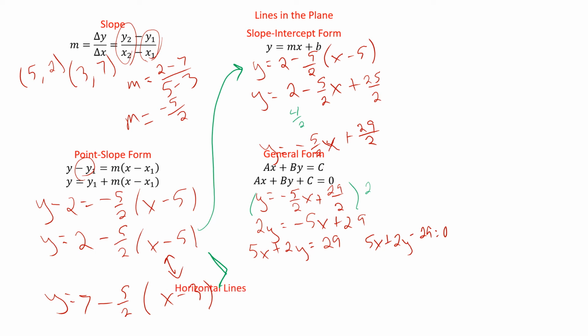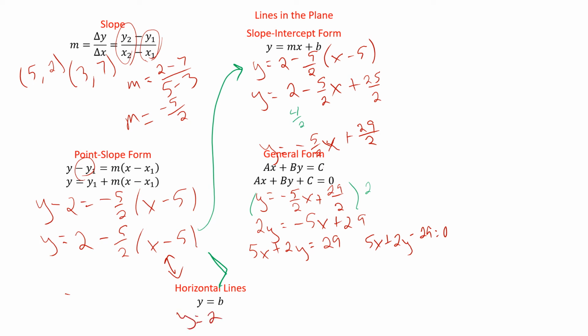We also have some horizontal lines. I'm going to erase this little piece right here. We've seen that. We don't need that anymore. Horizontal lines are of the form y equals b. y always equals the exact same number no matter what x equals for a horizontal line. So if we wanted a horizontal line through the point (5, 2), it would be y equals 2.